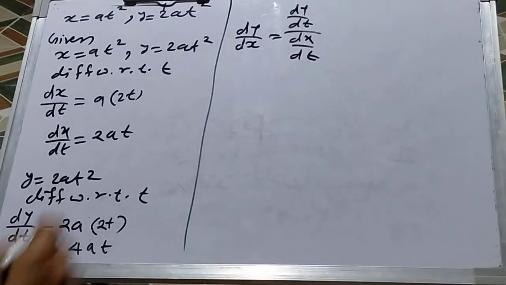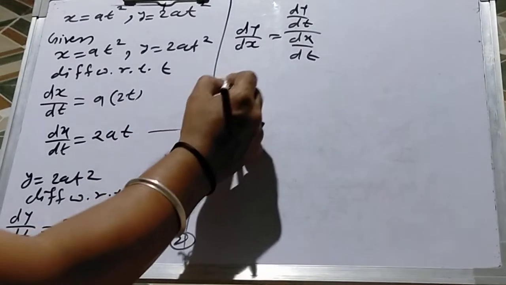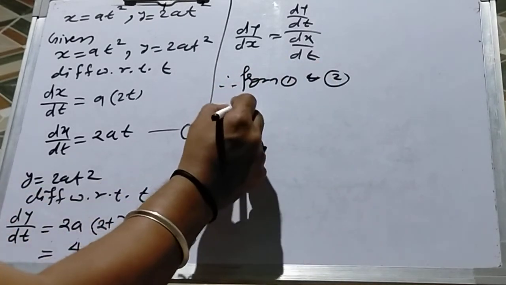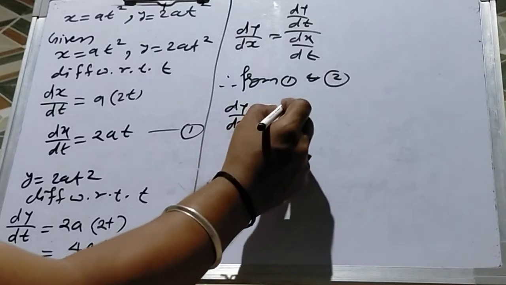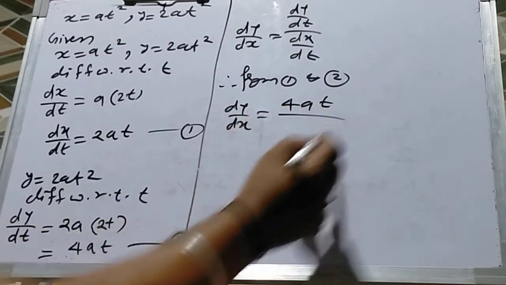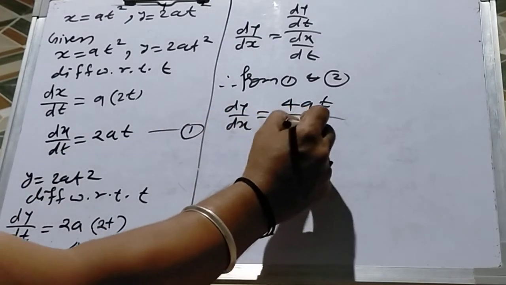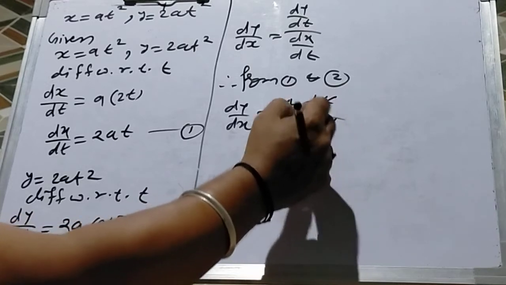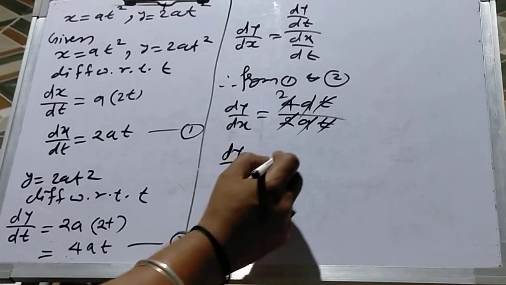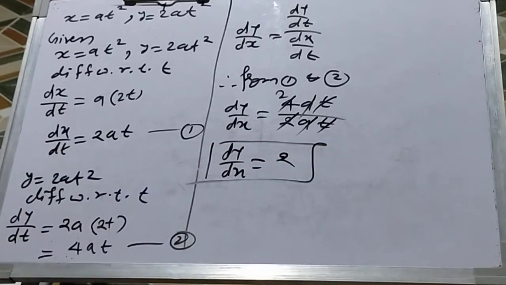Now put the values of dx by dt and dy by dt. So from 1 and 2, dy by dx equals 4 a t divided by twice of a t. So t gets cancelled, a gets cancelled, 2 into 2 is 4. So dy by dx equals 2, and this is the required derivative.